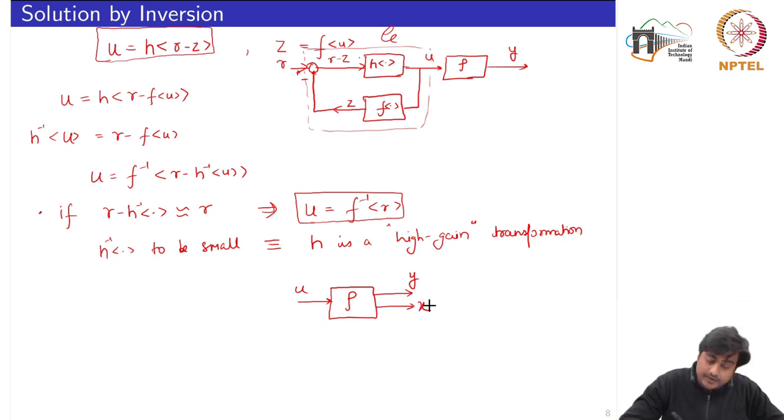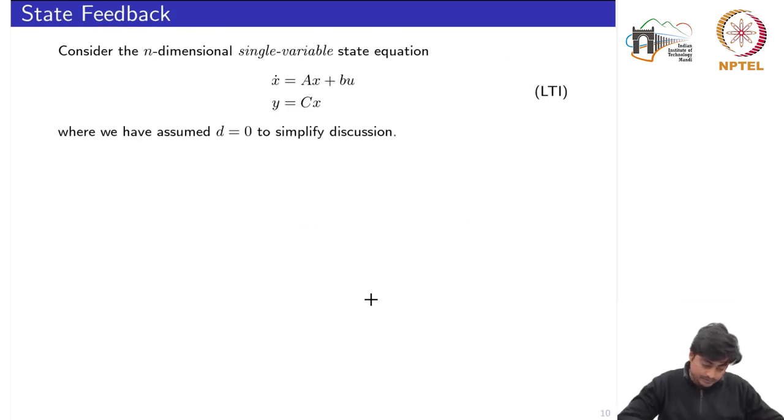Second, if we have access to the states of the system, we can take them also as an output to feedback. In fact, whatever control schemes you see, we need to use inversion. Now this inversion we are going to implement by using the feedback mechanism, and explicitly we would use the feedback from the states. So we are going to discuss various tools for how we can design that state feedback mechanism.